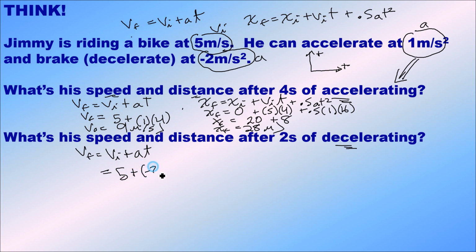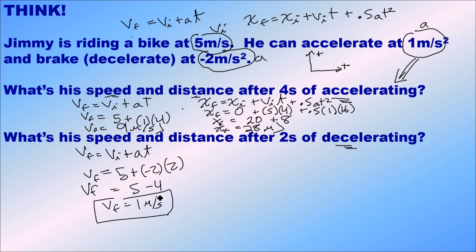His acceleration then is -2. And we're decelerating for 2 seconds. So that gives us 5 minus 4, because -2 times 2 is -4. You could type this all in your calculator. It will give the final answer to you, which is 1 meter per second. You slow down quite a bit.